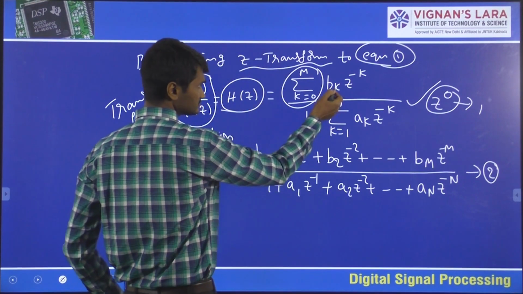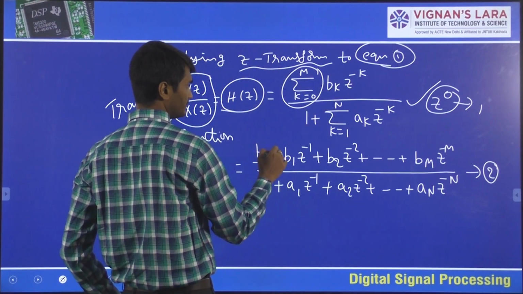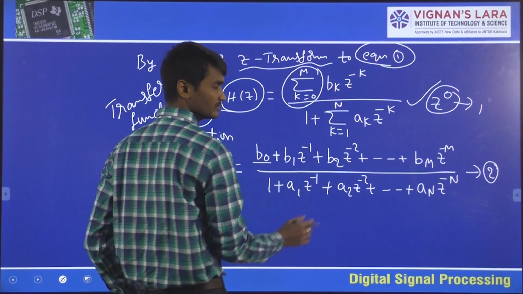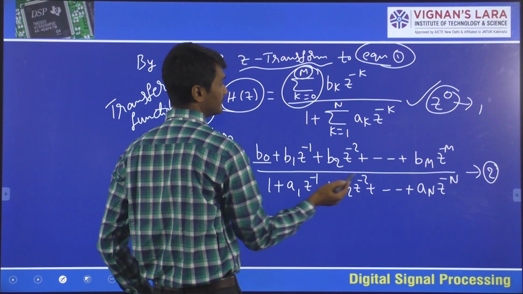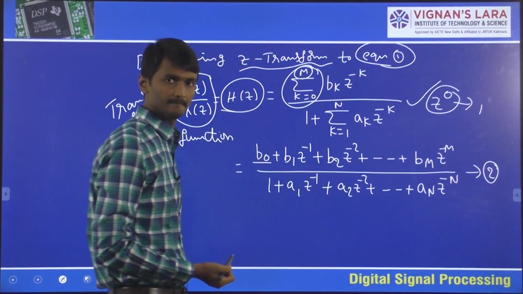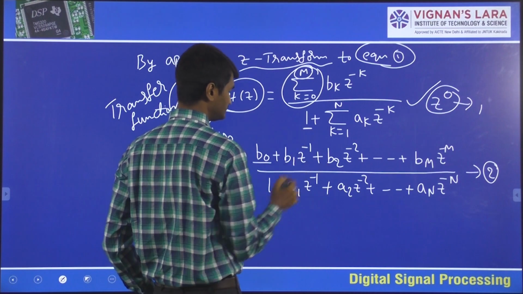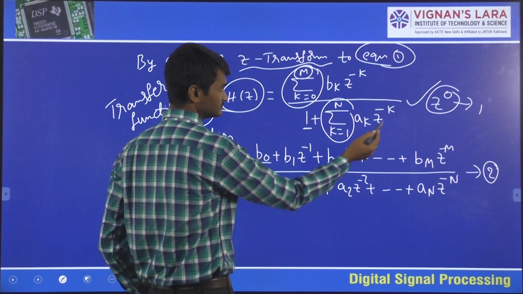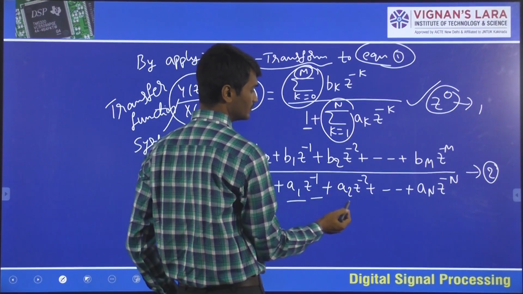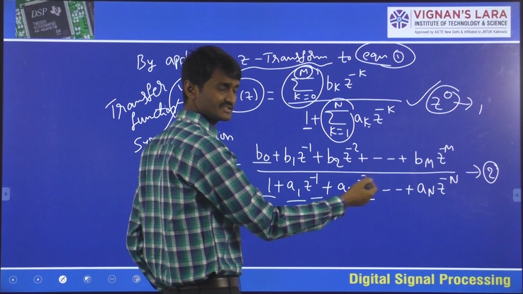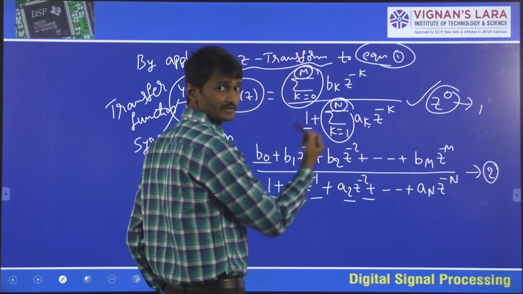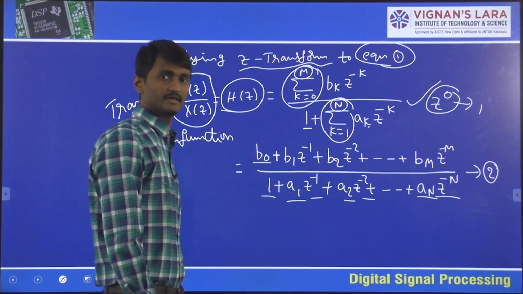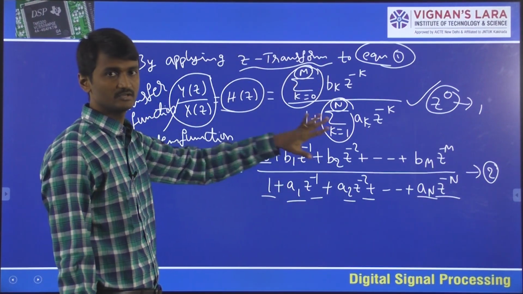So now b naught plus, for k equals 1, b1 z power minus 1, plus b2 z power minus 2, plus and so on, k equals m, bm z power minus m, by 1 plus, if you take k equals 1, a1 z power minus 1, k equals 2, a2 z power minus 2, plus and so on, plus k equals n, okay, an z power minus n. So this is considered as equation 2.